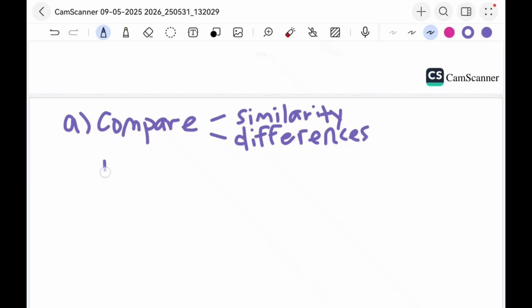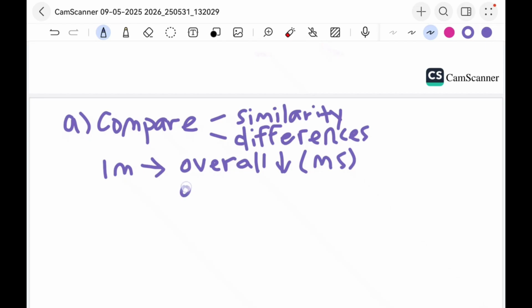So the first one we saw is that for your maple syrup, overall it decreased from 2019 to 2023. This is for your maple syrup. While overall, for your honey, it increased.